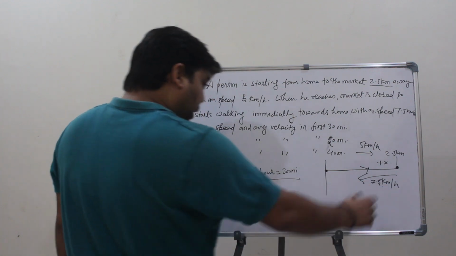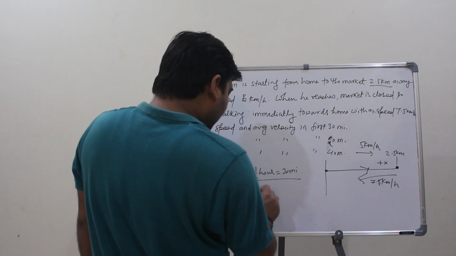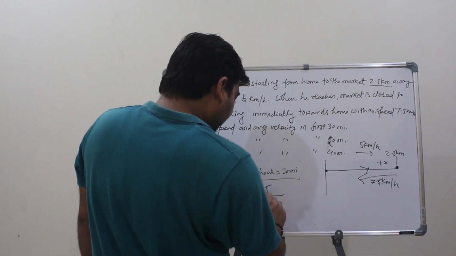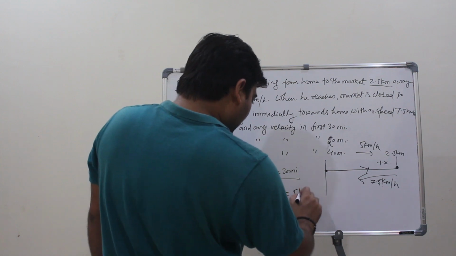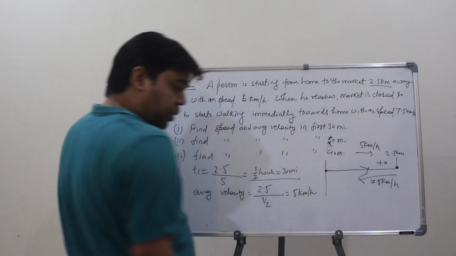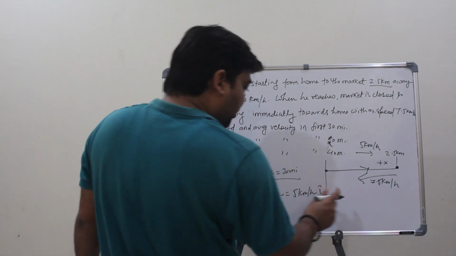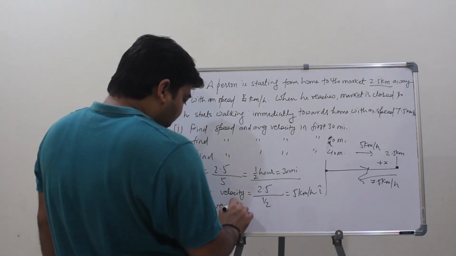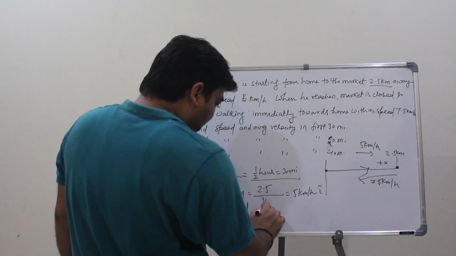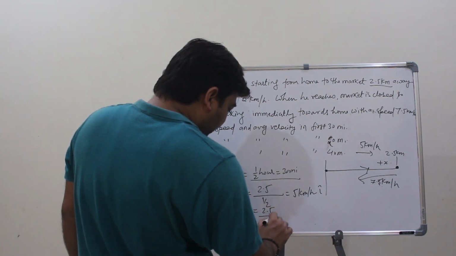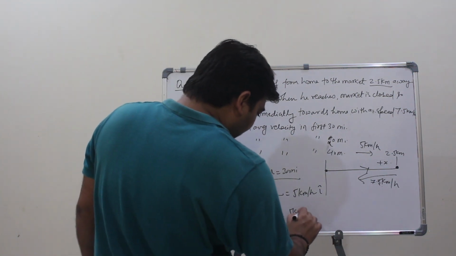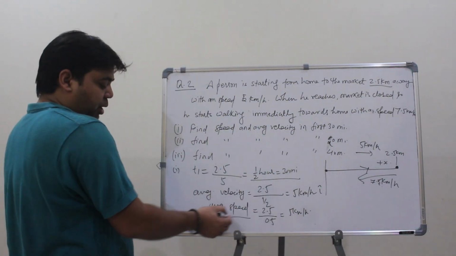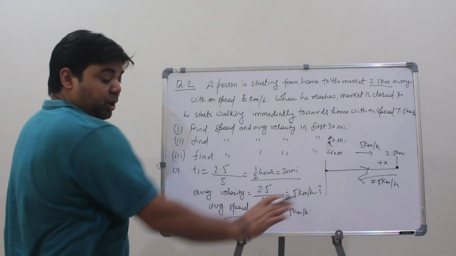Average velocity will be, as it is moving in the positive x direction, distance divided by time, 2.5 by 0.5. So 5 km per hour is the average velocity in i cap direction or plus x direction. Now average speed will also be same. It is distance divided by time, 5 km per hour, right? As this is speed and a scalar quantity, so no direction.